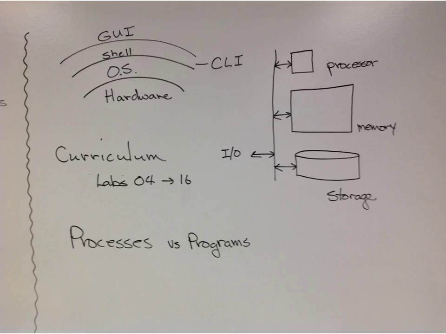Alright, take a look here. First of all, we talked a little bit about this idea of we have hardware, and then the operating system communicates with the hardware. Then we have a shell that communicates with the operating system.